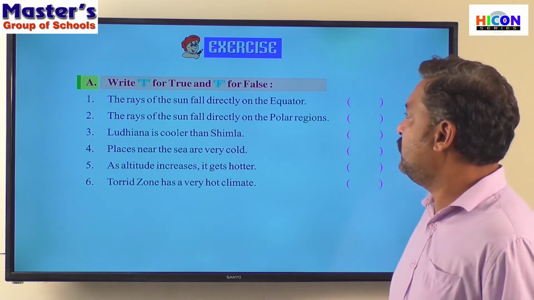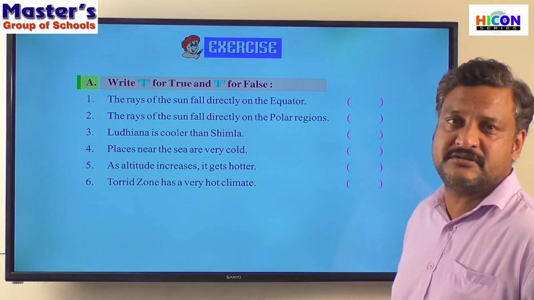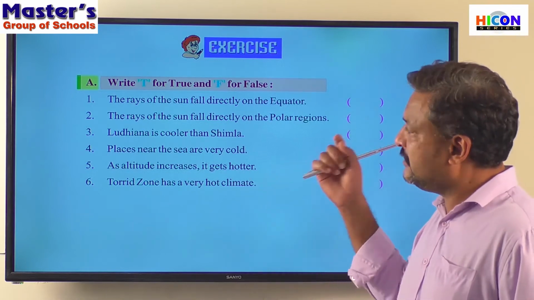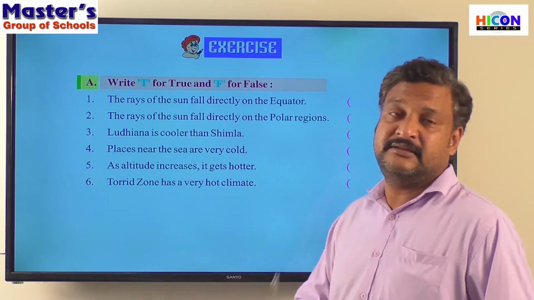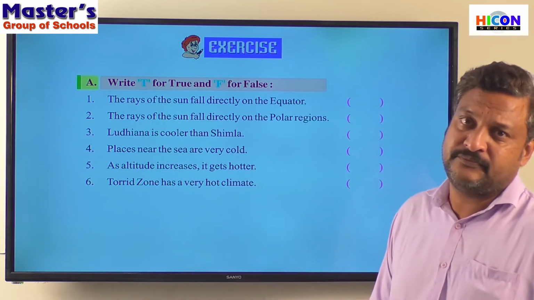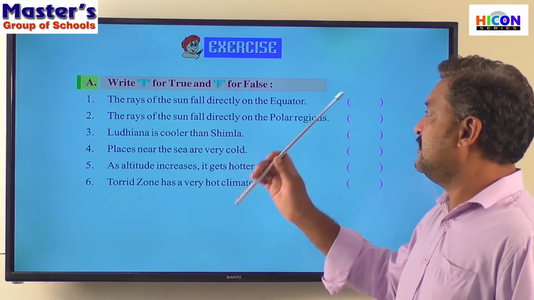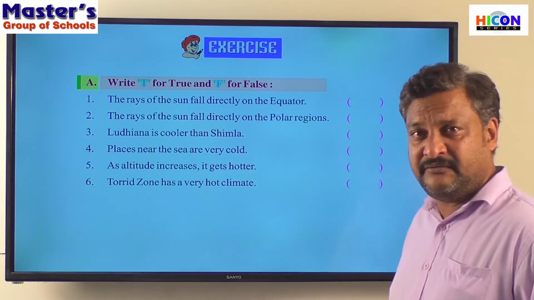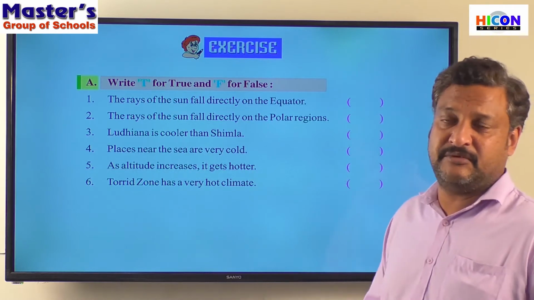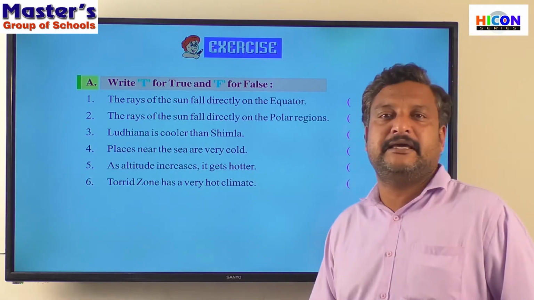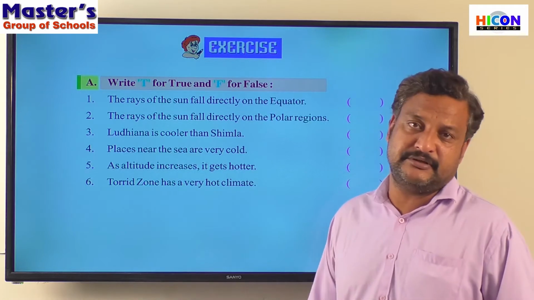So how can we know whether these sentences are true or false? Yes, if the sentence conveys the same idea that we have learned in the lesson, then it's a true statement. If it is not the same, then it is a false statement.